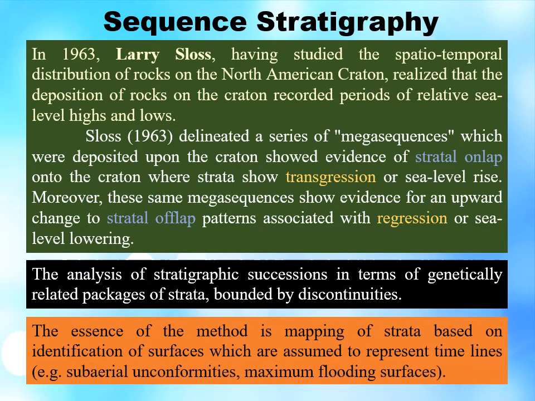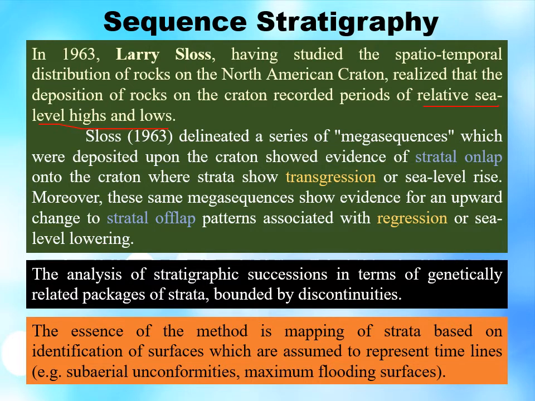Now, depending on these relationships of sedimentary deposition with sea level change, in 1963 Larry Sloss, studying the sedimentary rocks of North America, found that the sedimentation pattern is changing, and this changing pattern occurred due to relative sea level changes.